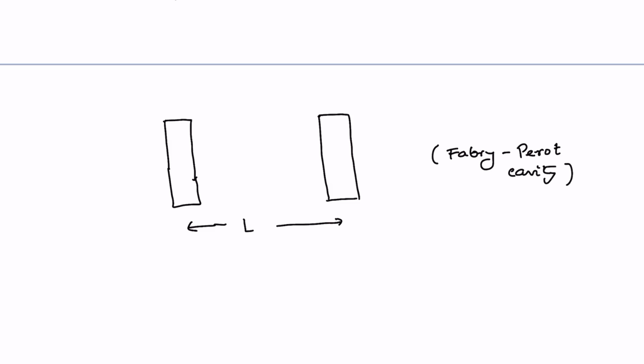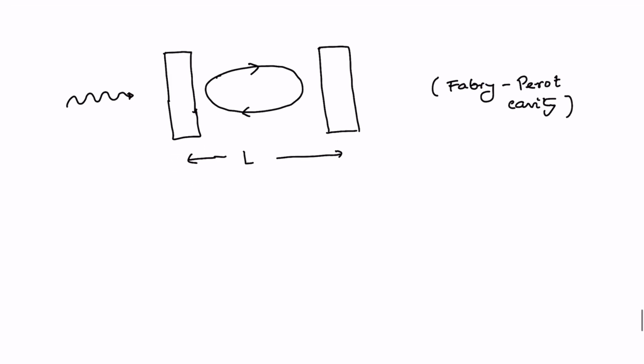So if light or electromagnetic radiation, say a light wave, is incident on this Fabry-Perot cavity, then this light can enter the cavity provided a certain condition is satisfied, and that condition is called the cavity resonance condition. The condition is that k into 2l, where k is the wave vector, and 2l is the distance covered in one round trip, because the mirrors are separated by distance l.